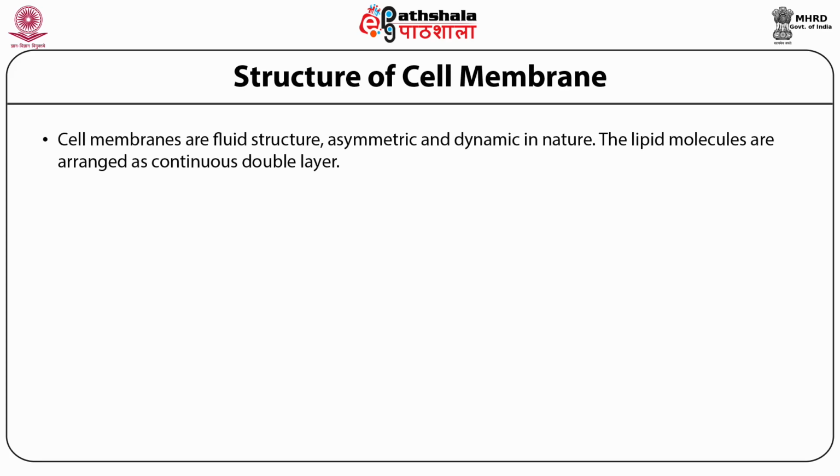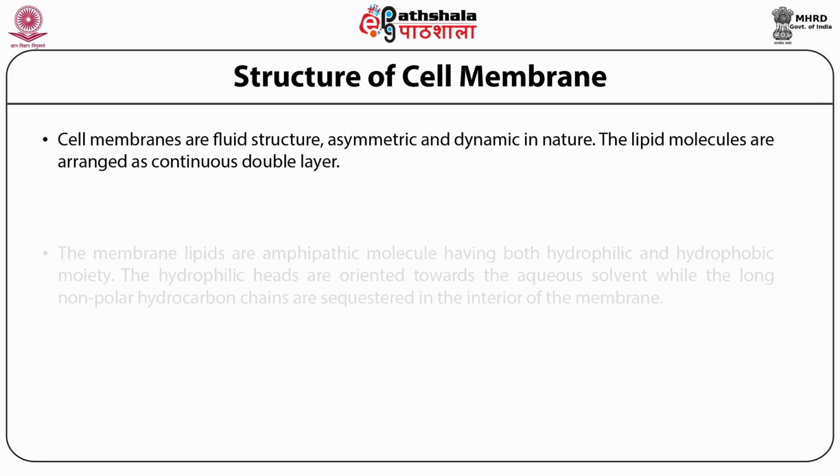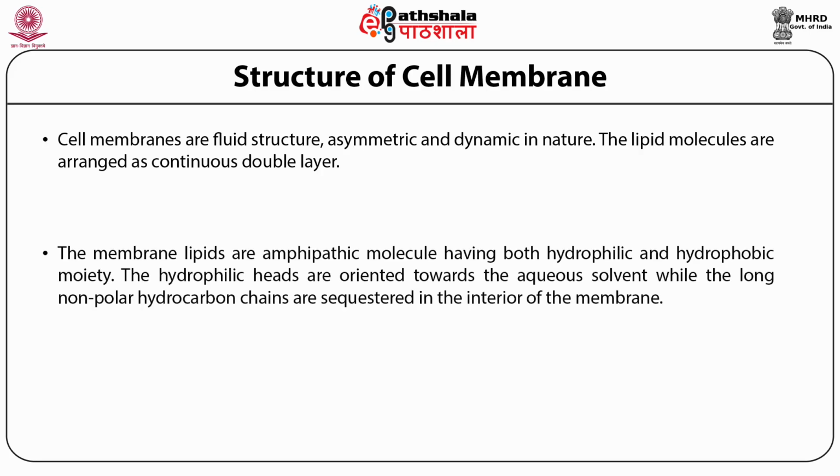Cell membranes are fluid structures, asymmetric and dynamic in nature. The lipid molecules are arranged as continuous double layers. The membrane lipids are amphipathic molecules having both hydrophilic and hydrophobic moieties. The hydrophilic heads are oriented towards the aqueous solvent, while the long non-polar hydrocarbon chains are sequestered in the interior of the membrane.